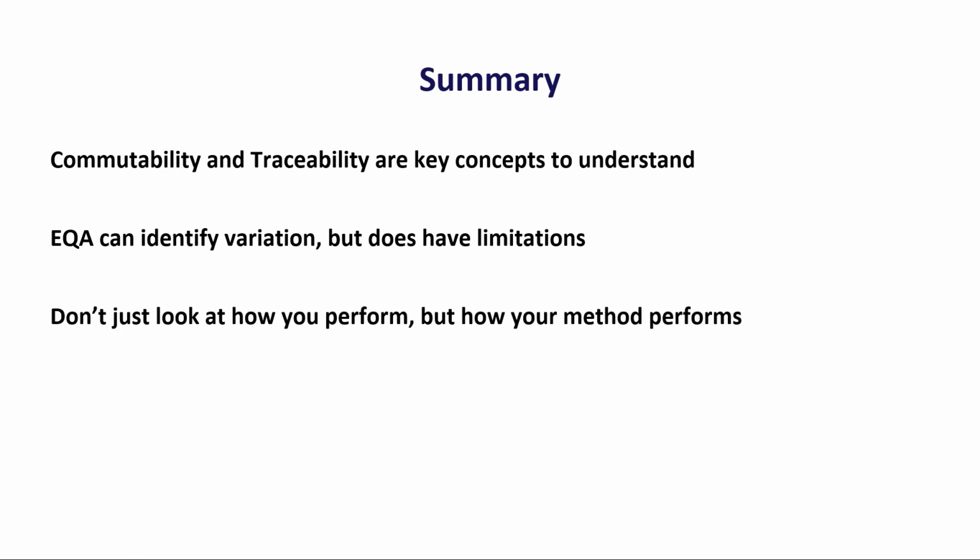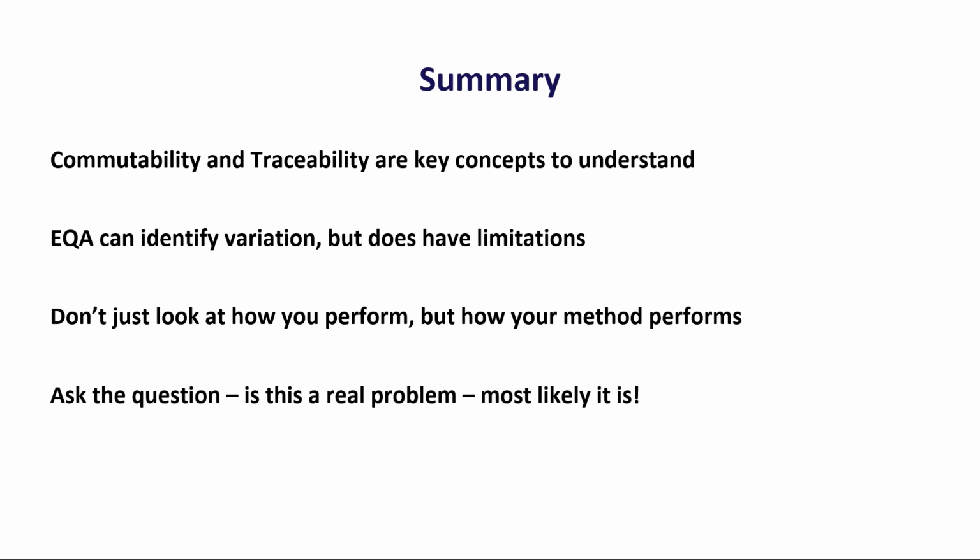Don't just look at how you perform, but how your method performs compared with others, because think of it as a patient. Patient goes to two different places, same assay, and they get different results. And if there's a sharp cutoff, they're going to be treated, or not, maybe. Ask the question, is this a real problem? Most likely it is. It is a problem. Consider patient risk wherever it arises. Thank you.